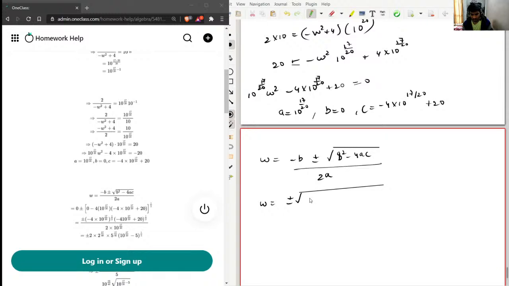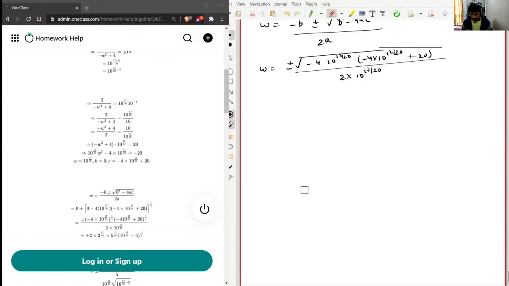So w will be, b is 0, so it will become plus minus the square root of minus 4 into a, which is 10 power 17 by 20, and c, which is minus 4 into 10 power 17 over 20 plus 20, over 2a, which is 2 into 10 power 17 by 20.